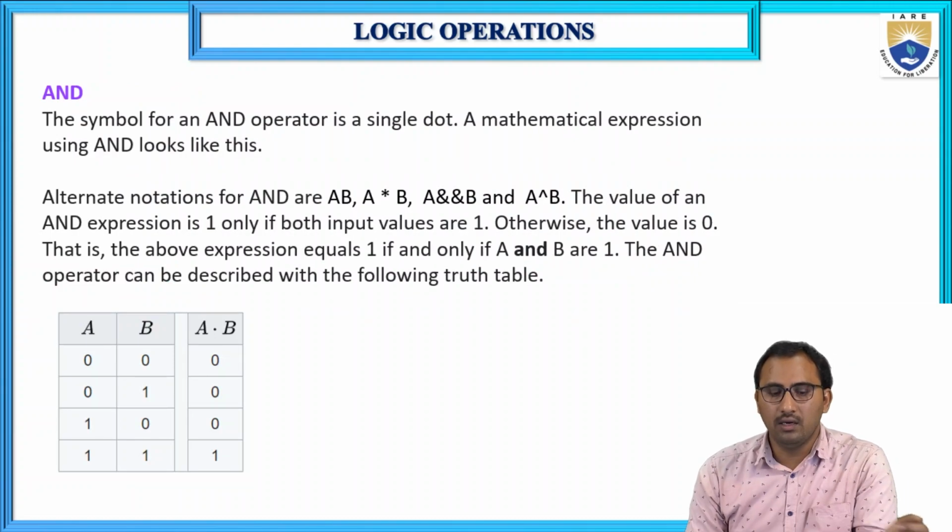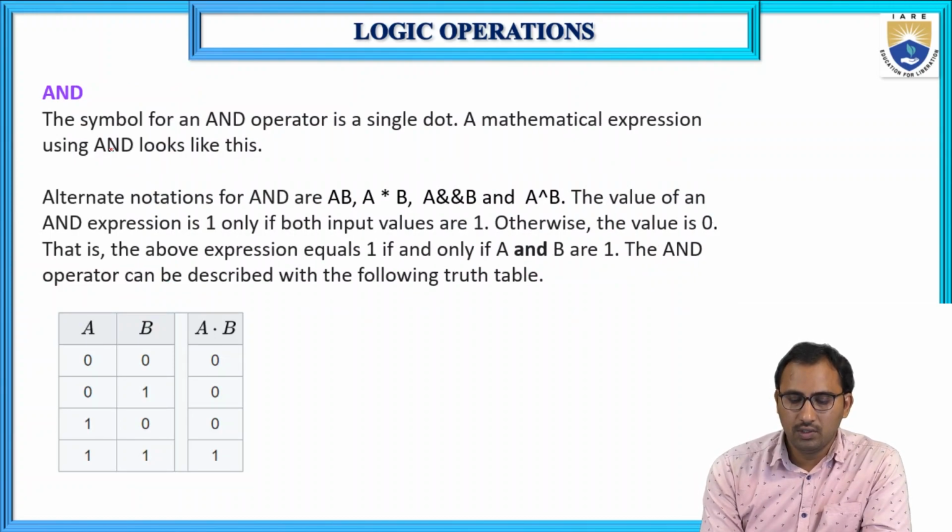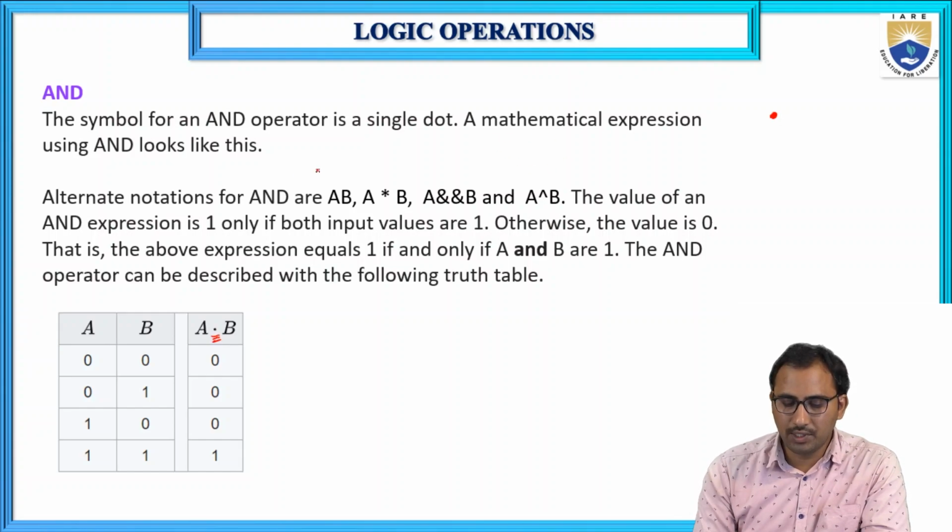So the first one is the AND operation. The symbol for the AND operator is a single dot. So this AND operation we can describe with a single dot. Okay. A mathematical expression using AND looks like this.